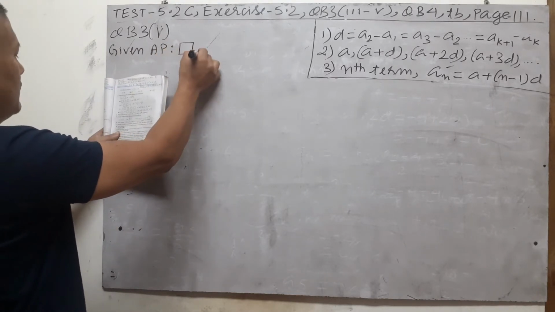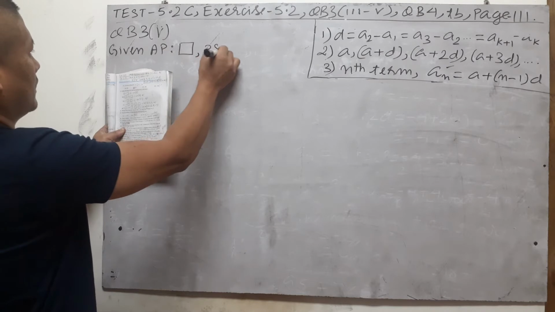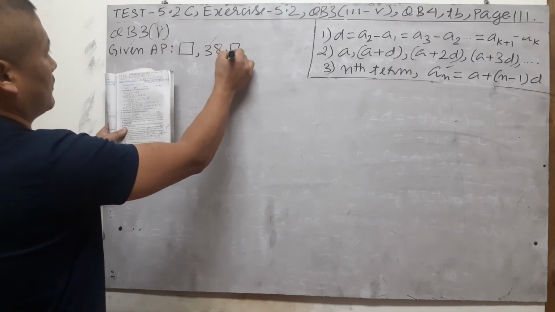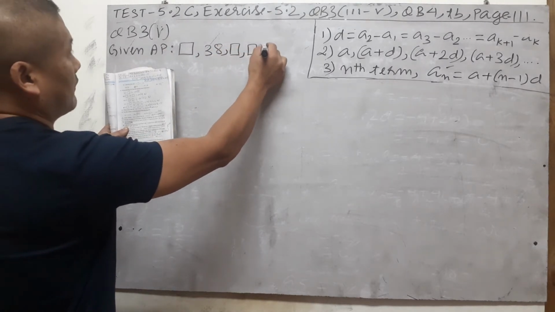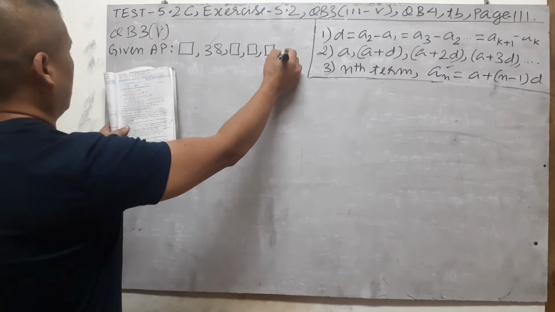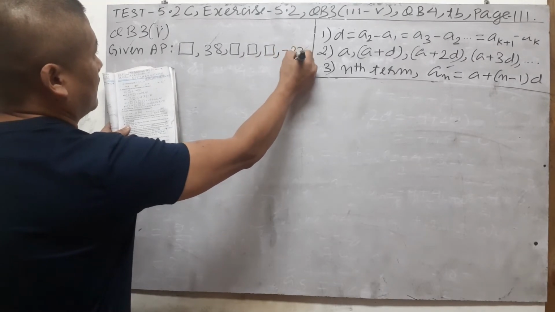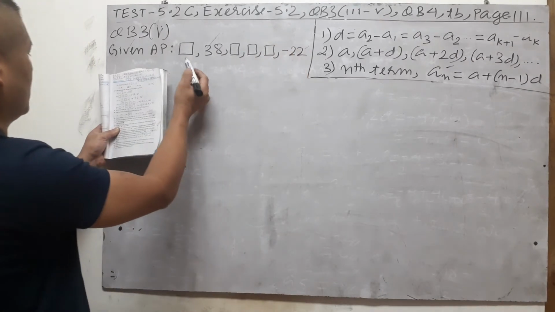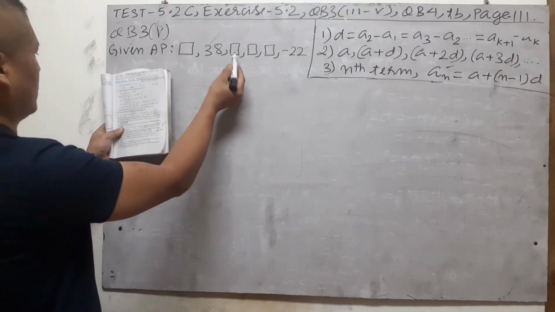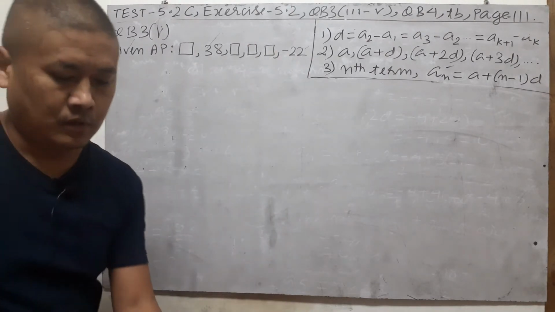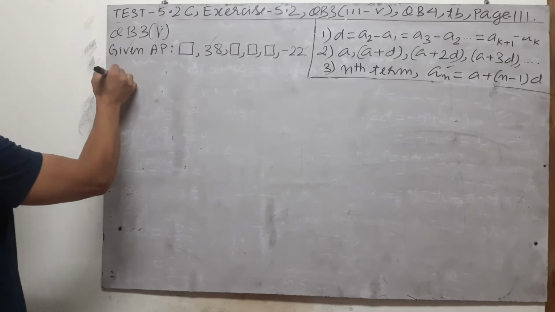A1 or A is missing, box. A2 is 38, A3 missing, A4 missing, A5 missing, and then A6 is minus 22. I hope that's correct. Box, 38, box, box, box, yes. So here clearly A is missing.